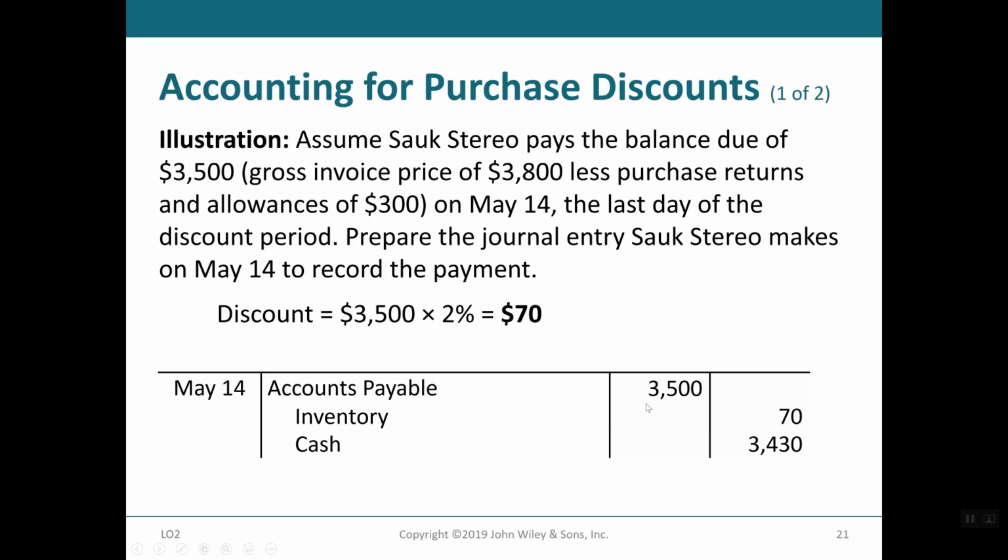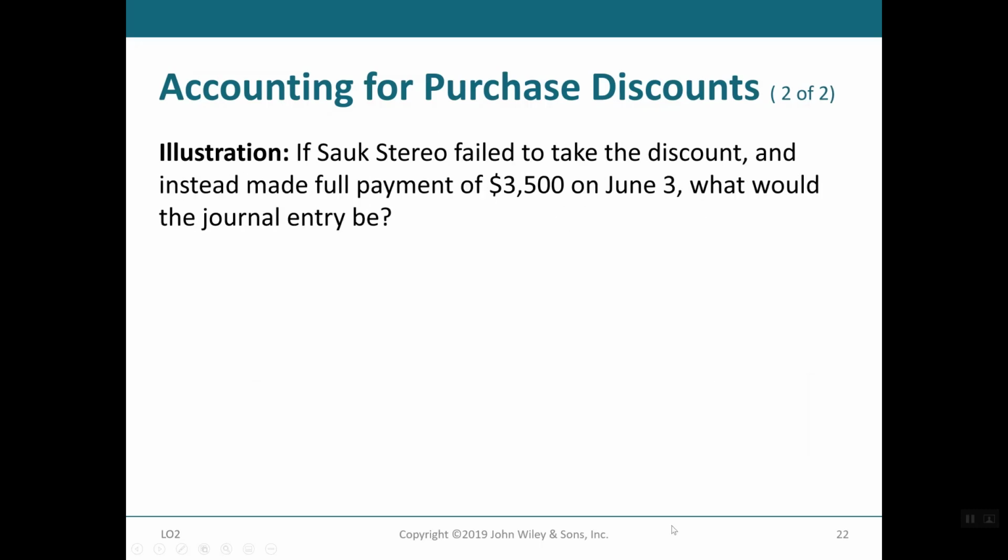So although our accounts payable is 3,500, we have a discount of 70 and a cash payment, which is a reduction in our assets, of 3,430.